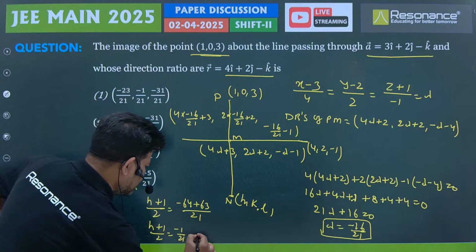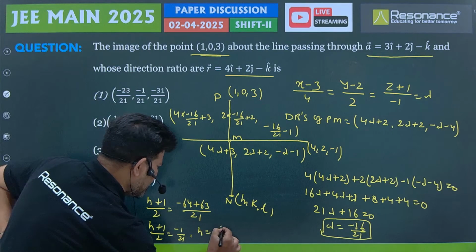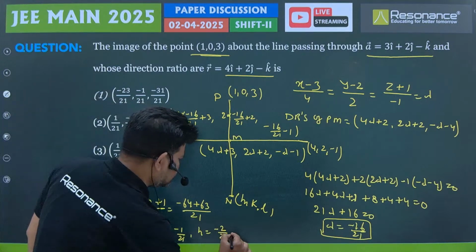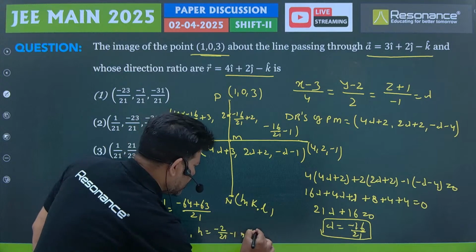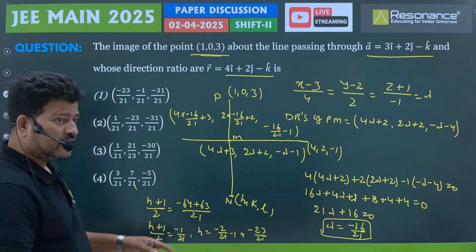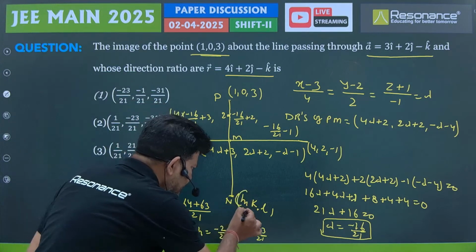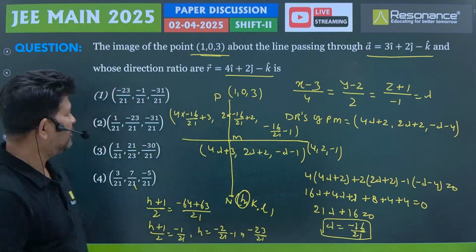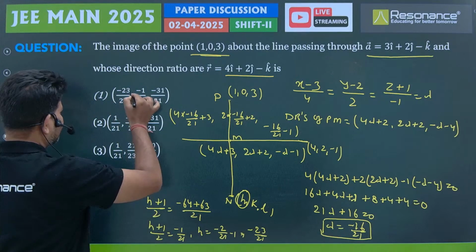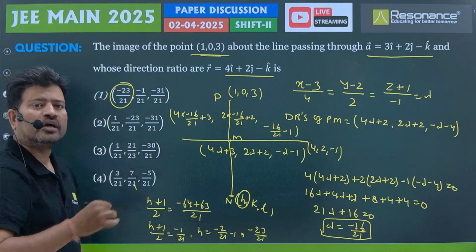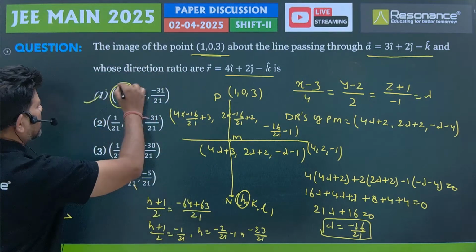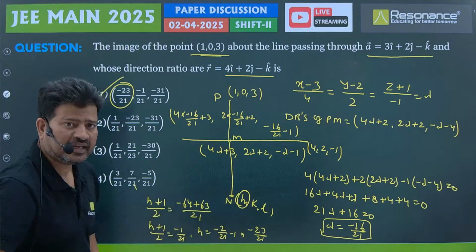So h is equal to minus 2 by 21 minus 1, which is equal to minus 23 by 21. You can see the options, no need to find all the values. From the first option only, the x coordinate we are getting is minus 23 by 21, so directly we can tick mark. No need to find the k and l values.